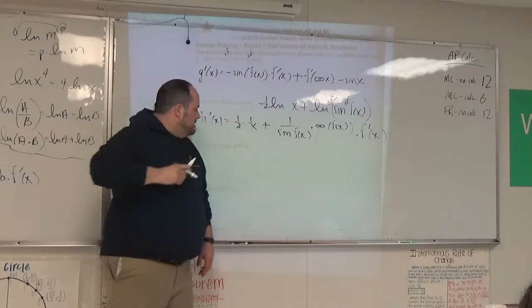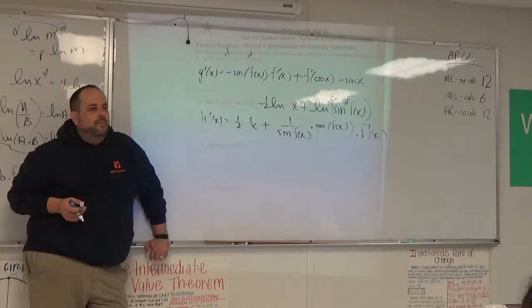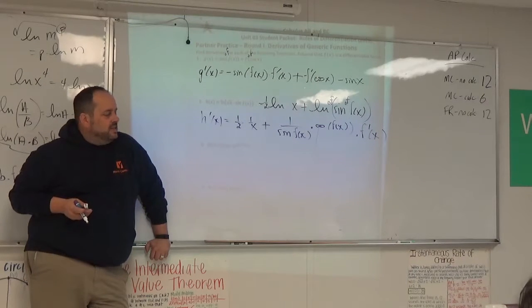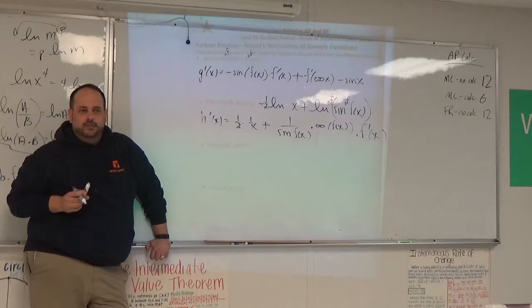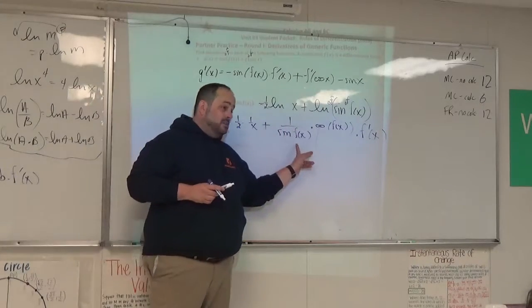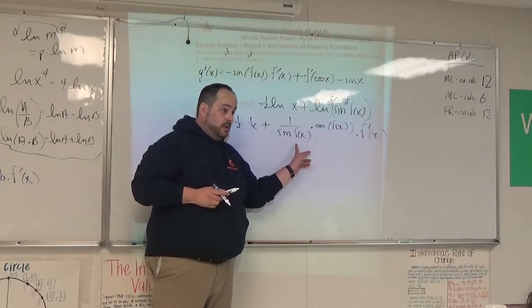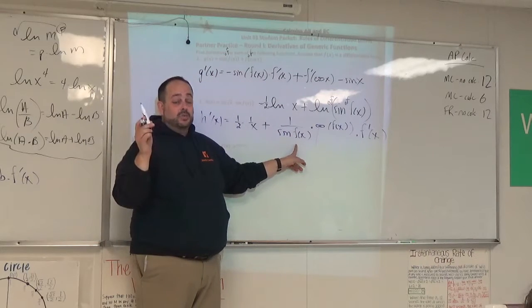Okay. And because you guys are in Calculus BC, I want to push a little bit more. There is a way that you could simplify this final answer using your trig knowledge. 1 over sine could also be written as... No, it's not cotangent, it's 1 over sine is cosecant.